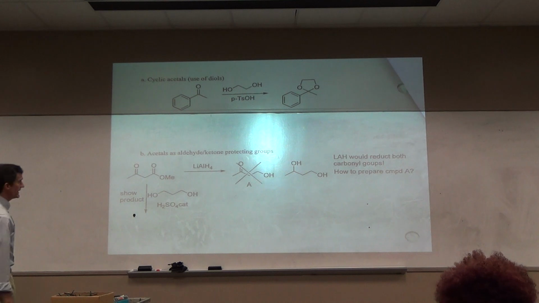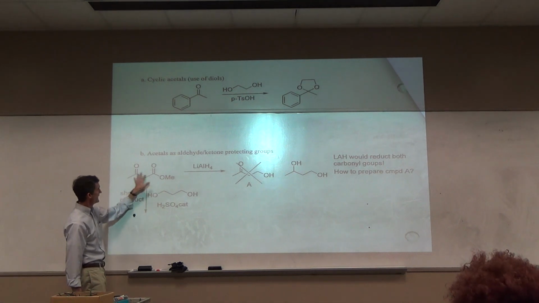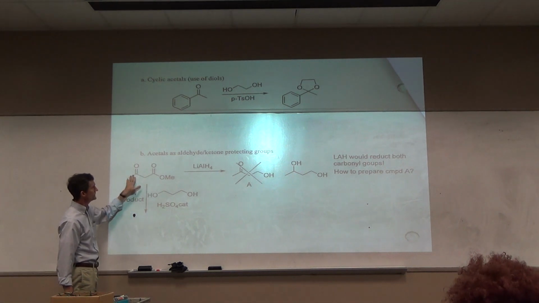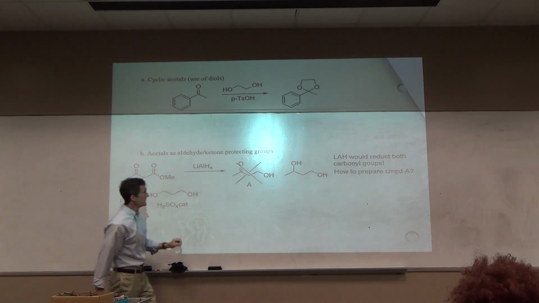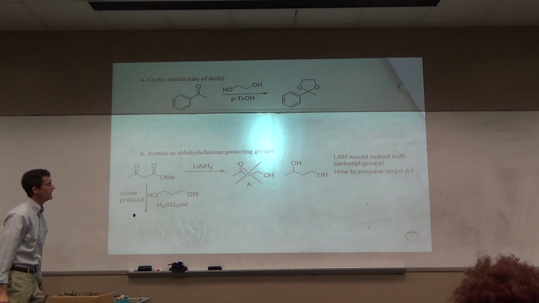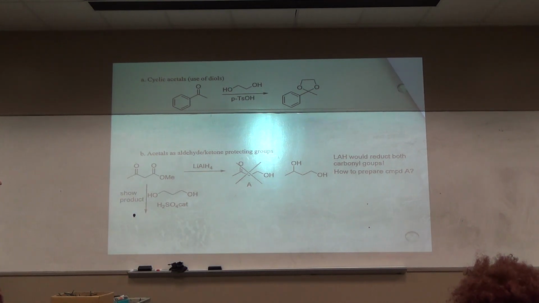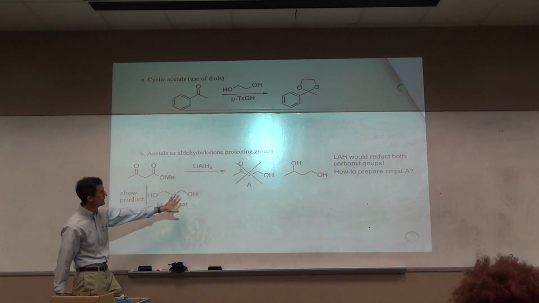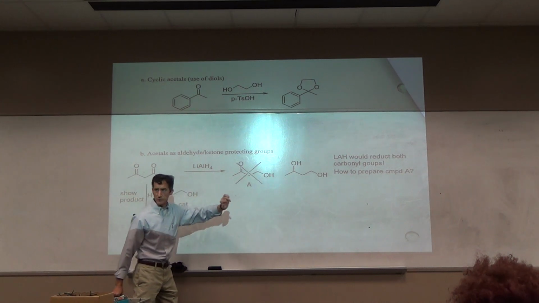Okay, let's look at this protecting group here. If we had this dicarbonyl compound, ester and ketone, how could we convert it to compound A? In compound A, the ester has been reduced.